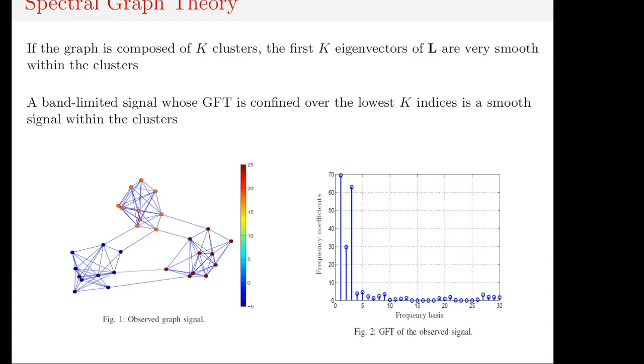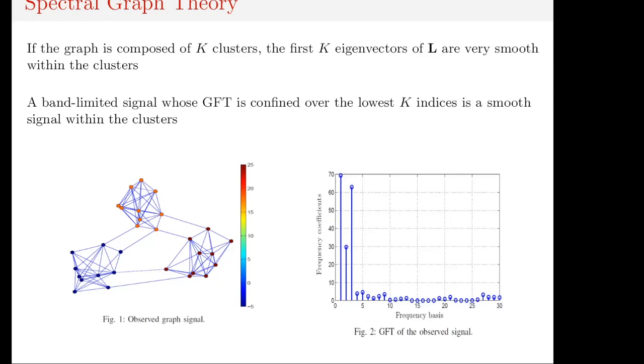In this case, if I have this graph with 3 clusters and I observe a signal that is smooth within these clusters, the signal can be represented by using only 3 coefficients. The learning of the graph is another question.